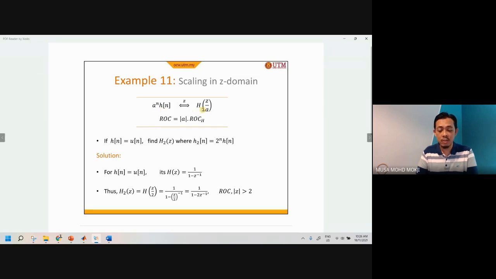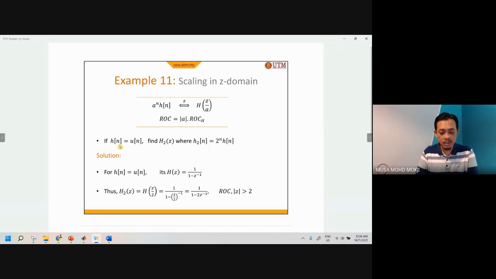If you have a to the power of n times hn, then in the Z domain we have H of z divided by a. So you do z divided by a. And what is the ROC? You need to multiply the original ROC by a. Let's see one example.